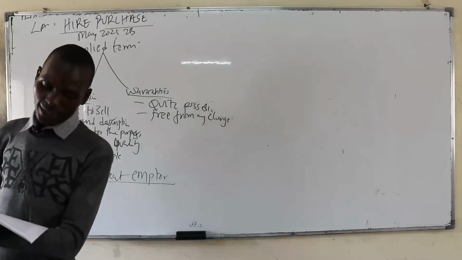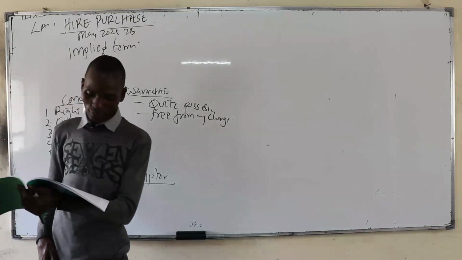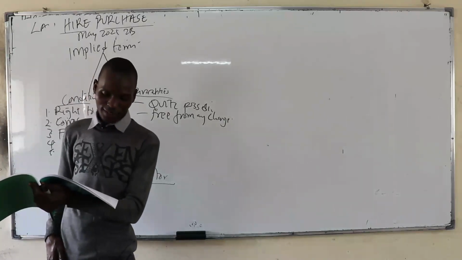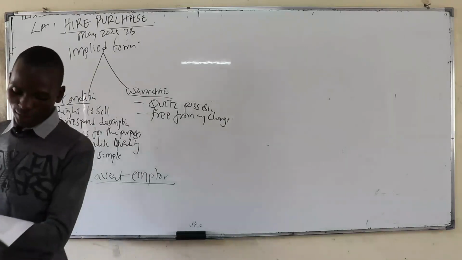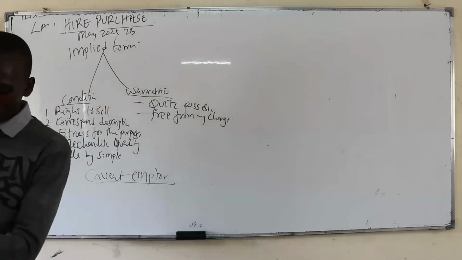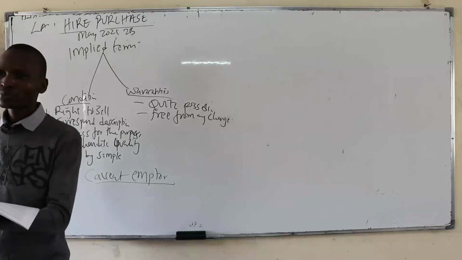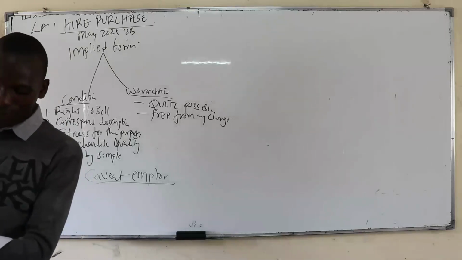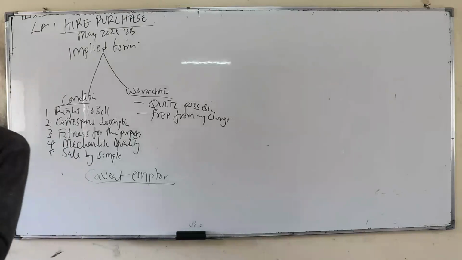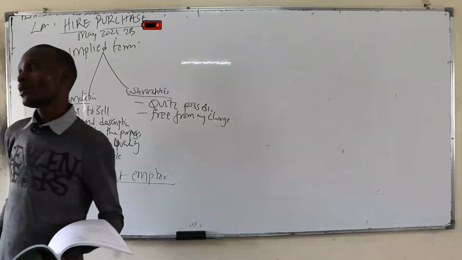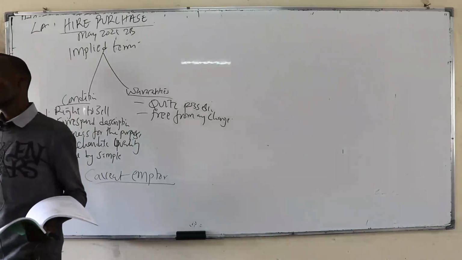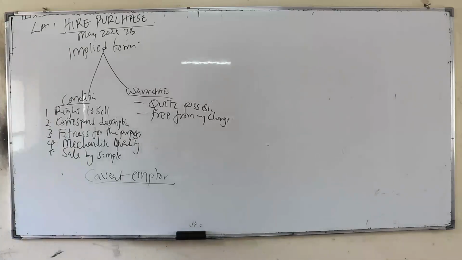Jerry Katana now writes to Tom Obonyo agreeing to buy the car at shilling 500, but Tom Obonyo responded that he had already sold it. Jerry Katana is upset and comes to you for advice. Advise Jerry Katana on the legal position.